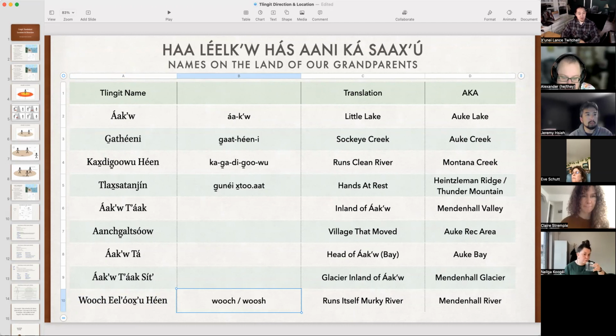So here's a couple of things. Wooch and whoosh are the same thing. Basically, if the next thing starts with a vowel, you're going to usually use wooch. If the next thing starts with a consonant, you're usually going to use whoosh.